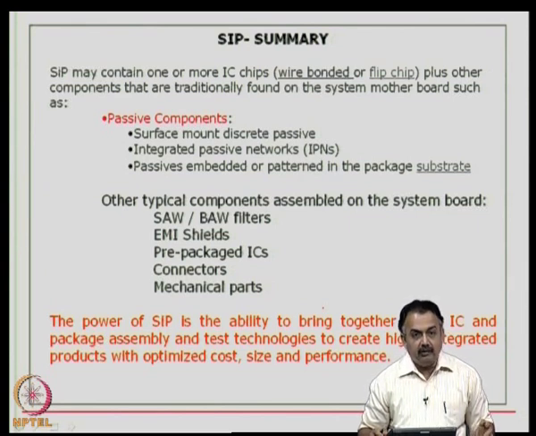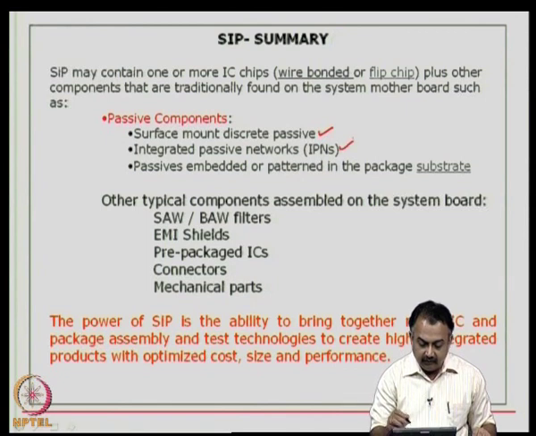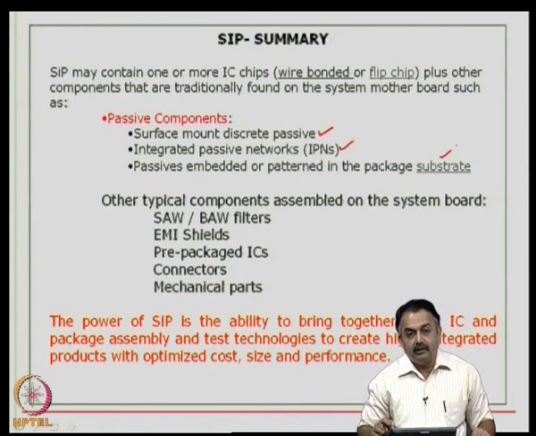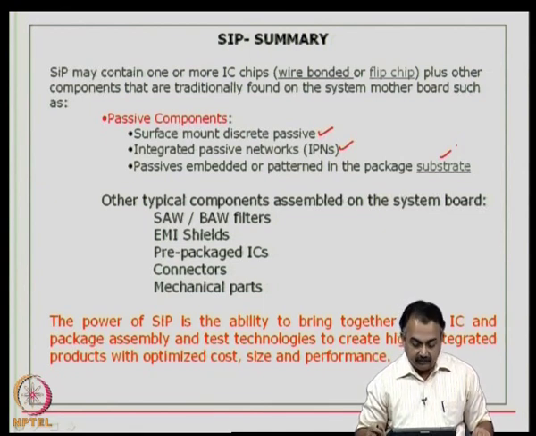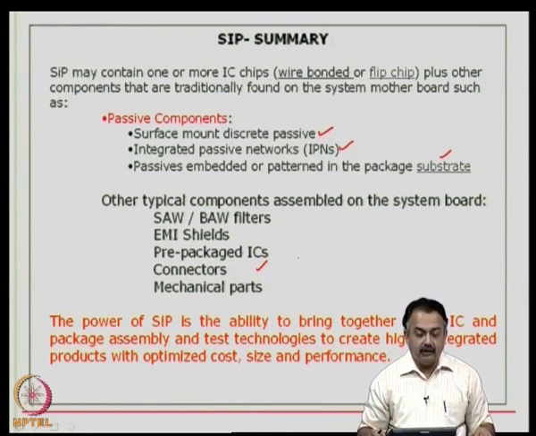So, it may contain 2 or more active devices, which can be wire bonded or flip chip interconnected, and you can have surface mount discrete passives, passive networks or embedded passives in the structure, and then encapsulate it finally to give a system in package. The other typical components that can be used could be connectors, some other mechanical parts, EMI shields, filters and so on.